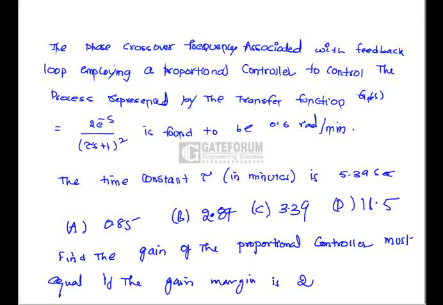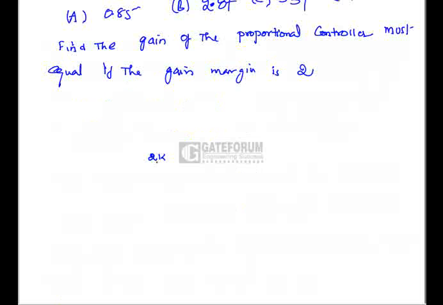We know that 2k, that is the magnitude of Gp(s), where k is the gain of the proportional controller, divided by (5.39 omega p plus 1) whole square, equals 0.5, because the gain margin is given as 2, so it equals 0.5.